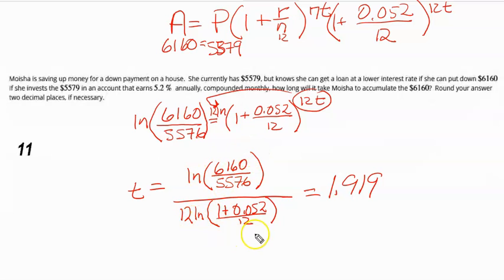Now this is the exact answer, and they're asking you to round to 2 decimal places. So in our third decimal place, I got a 9. So this is 1.92 years. Again, the tedious part is putting this into the calculator.